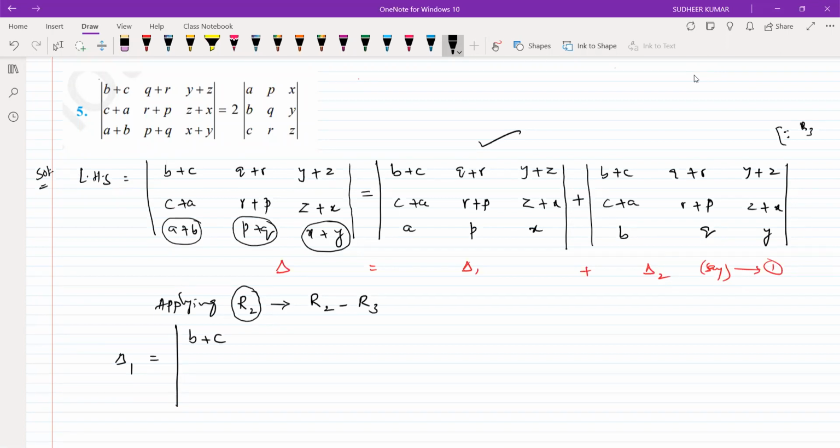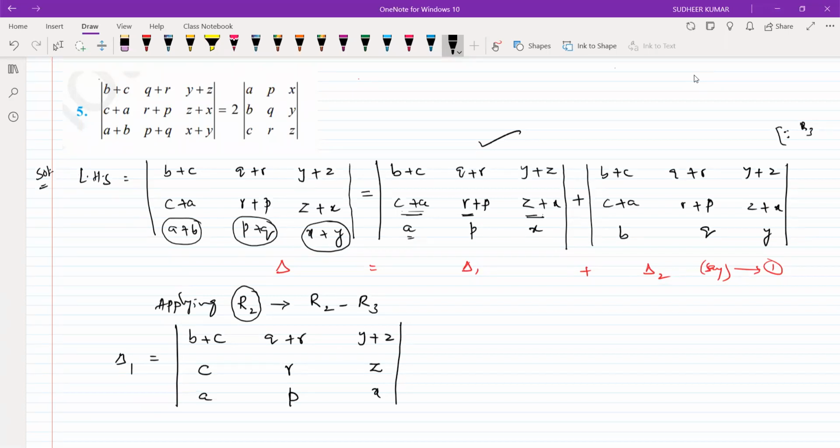So let us write this is B plus C, this is Q plus R, this is Y plus Z. Subtracting, C plus A minus A remains C. Here R plus P minus P, plus P minus P gets cancelled, so this is R. And the next one, Z plus X minus X, plus X minus X gets cancelled, so this is Z. And R3 remains the same. Is it clear, ma? Yes, sir. Next.